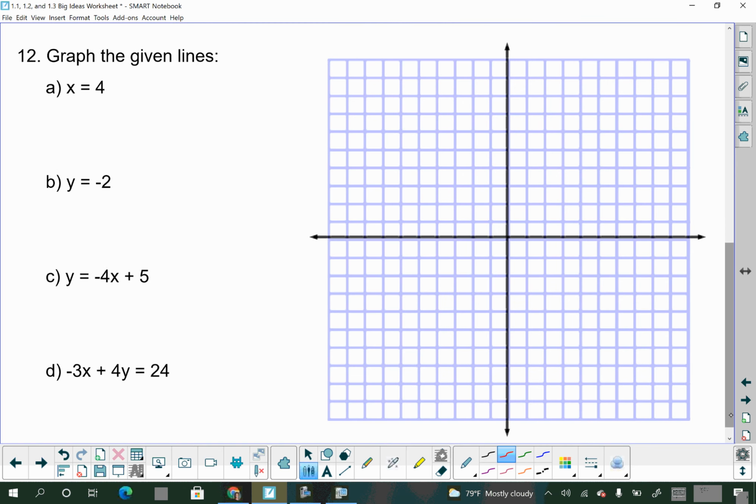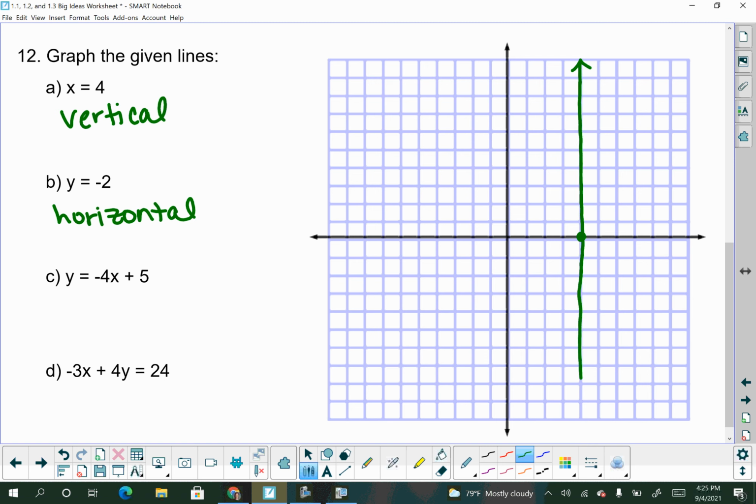Last but not least, let's graph some lines. The first two cases are special cases. If you have x equals a number, you have a vertical line. And if you have y equals a number, you have a horizontal line. To graph x equals 4, we find where x is 4 on our x-axis, and then from there we draw a line up and down, vertical.